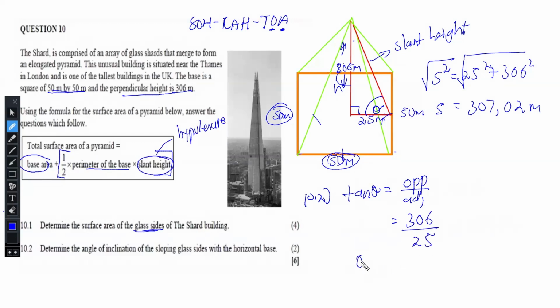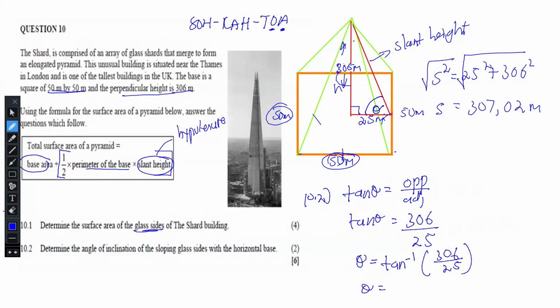Then all you have to do is leave the theta here and say theta equals arctan of 306 over 25. Grab your calculator and punch all of this in.